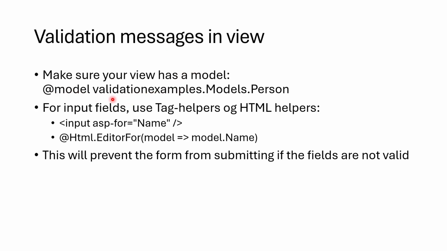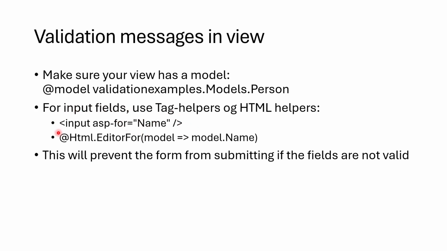Then for your input fields, you should write those in a certain way. If you want to use tag helpers, this is the way to do it: asp-for equals Name. And if you want to use HTML helpers, it's EditorFor and then model => model.Name. So this is sort of type safety. You reference the model. This one doesn't seem to reference the model since it's a string, but it'll give you a compile time error if you try to run it and you misspell Name.